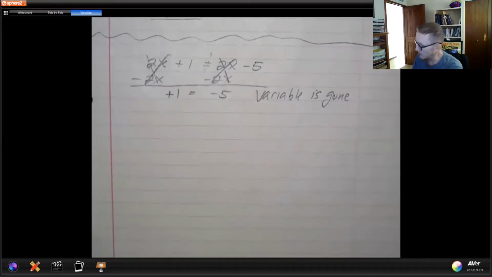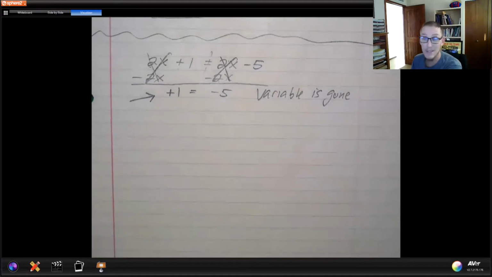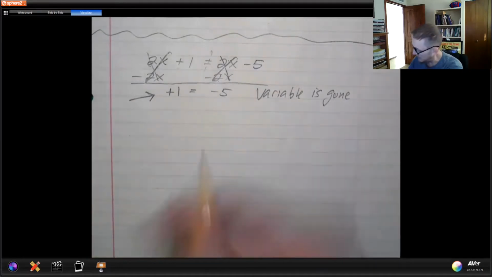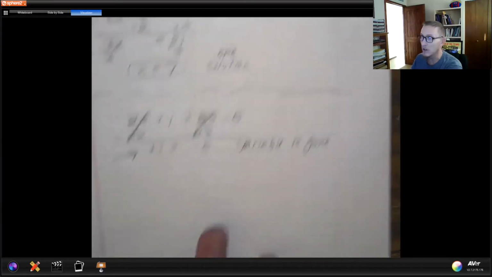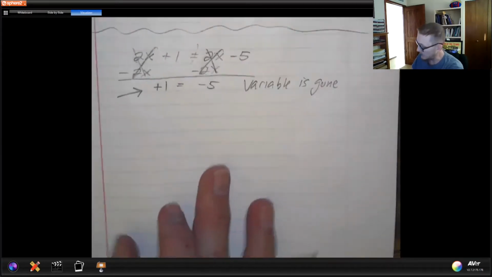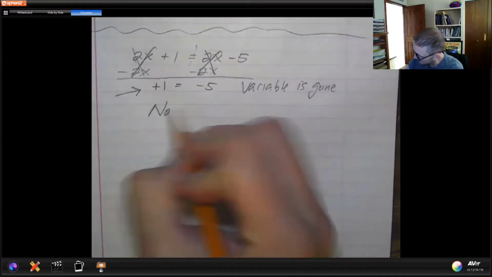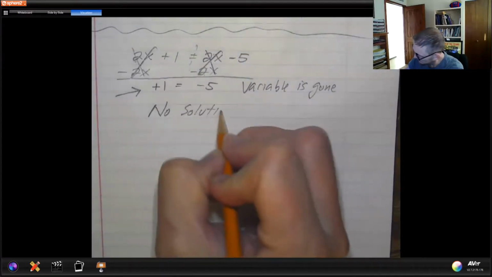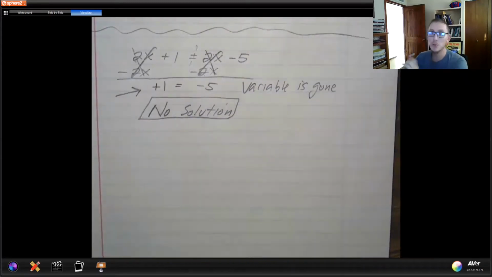So when the variables are gone, and what I have left is something that does not match up, I don't have one solution like I had up here. I have, and this is actually what you would write down, no solution.